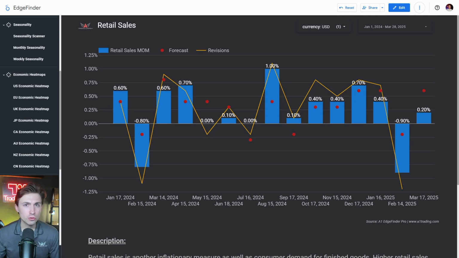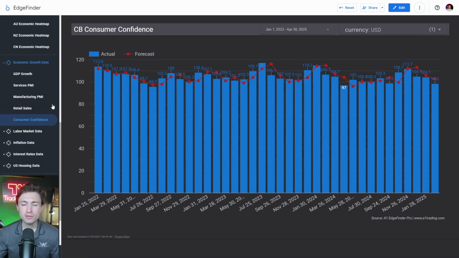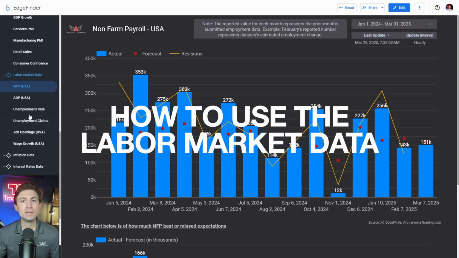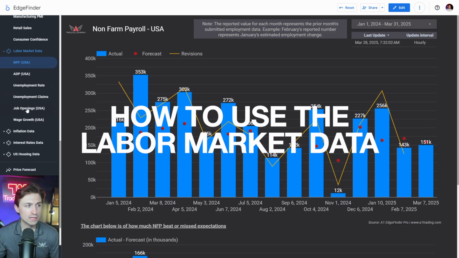Retail sales shows you the overall state of the consumer. Are they out there spending more or less than people expect? Again, the red dot represents your forecast, the blue bar represents the actual point that came out, and the yellow is your revision. So you can see trends here very easily using our data. Here's consumer confidence.